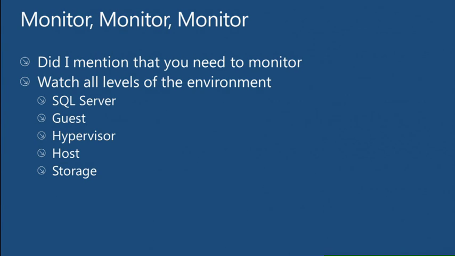The reason for that is that the perfmon counter is now showing you what the paravirtualization driver is pushing down. If you look in the perfmon counters, you'll see a new counter group called VM Disk. That VM Disk counter is going to show you the actual performance metrics as all the data is being written.